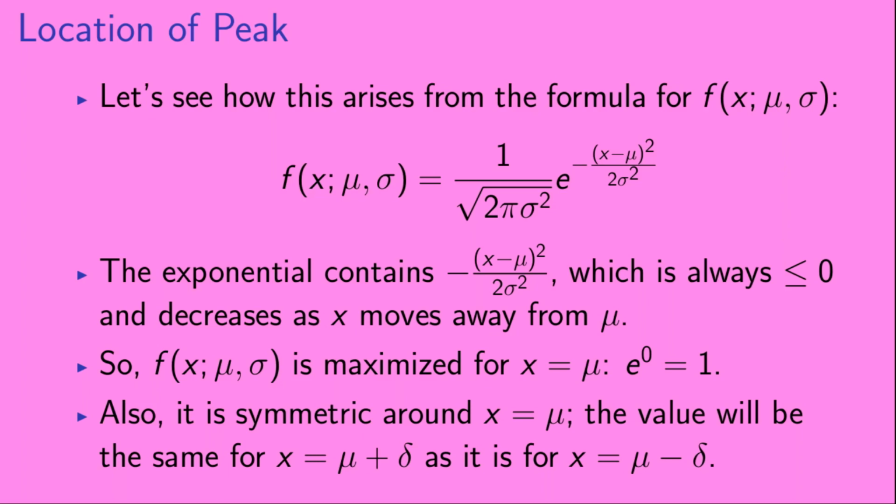So the function is maximized for x equals mu, because then we have e to the 0 power, which equals 1. Also, the function is symmetric around x equals mu. The value will be the same for x equals mu plus delta as it is for x equals mu minus delta for any delta.